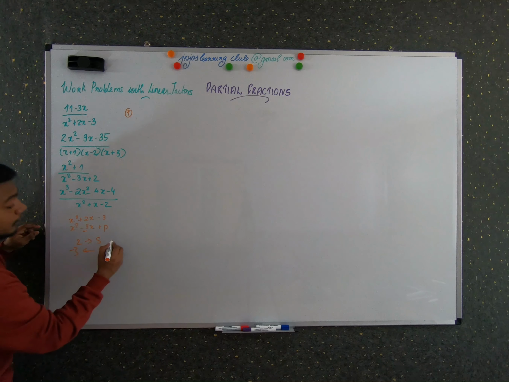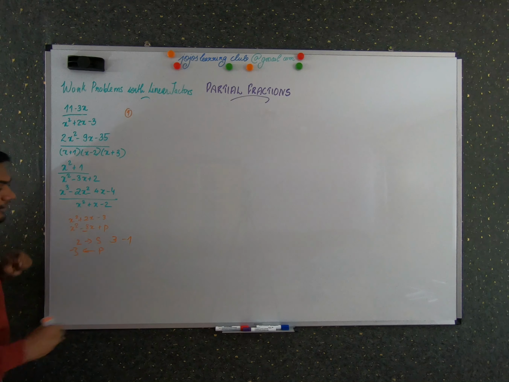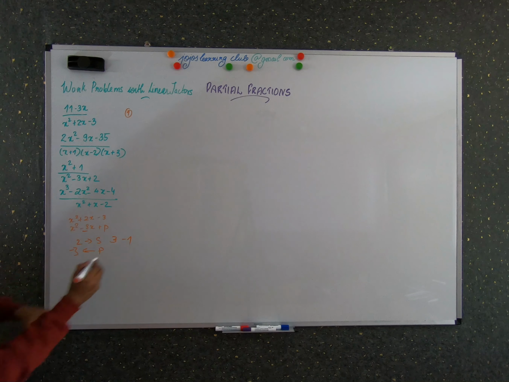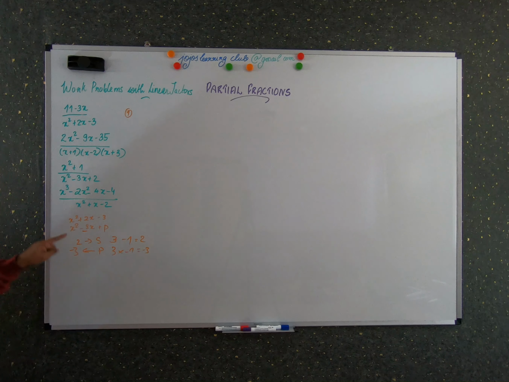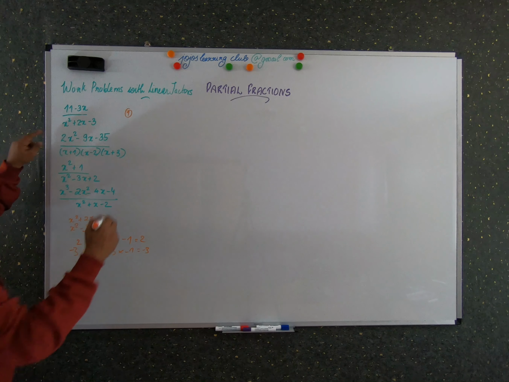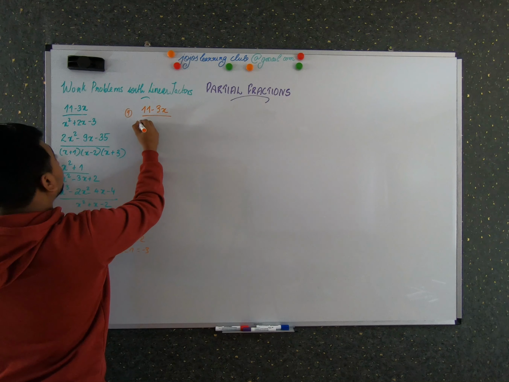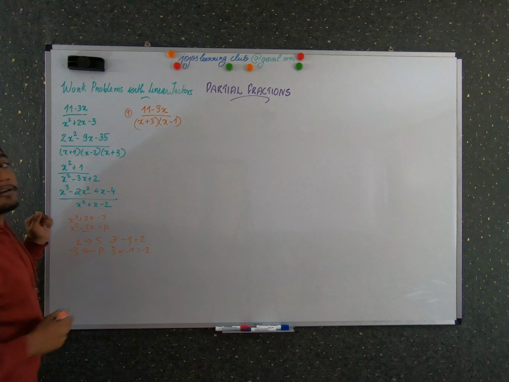You get this with 3 and minus 1, because 3 into minus 1 is minus 3 and 3 minus 1 is 2. So you can apply the same. I am going to write it as (11 minus 3x) by (x plus 3)(x minus 1).